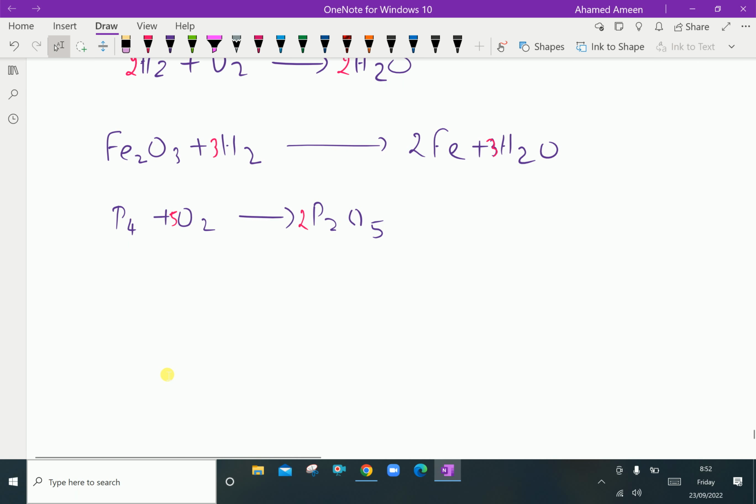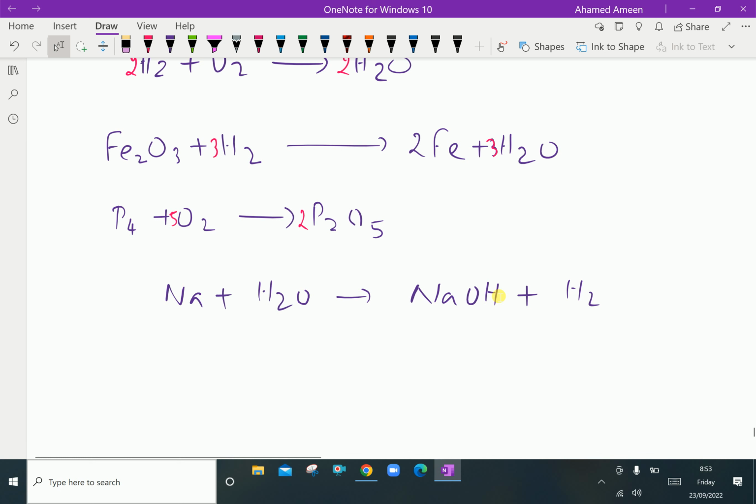Next is an example, sodium Na plus water H2O gives NaOH, sodium hydroxide, plus hydrogen H2. Look at the balancing. Here Na is balanced, for the time being okay. Now H is 2 here, but on the other side H is 3.